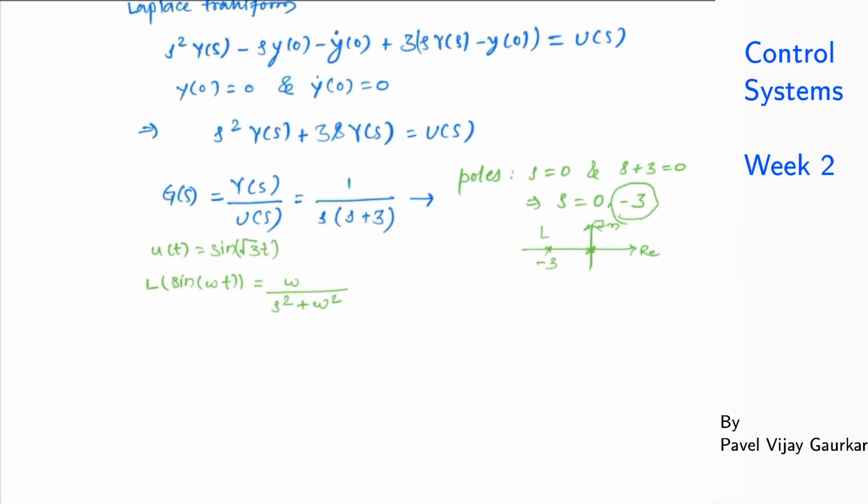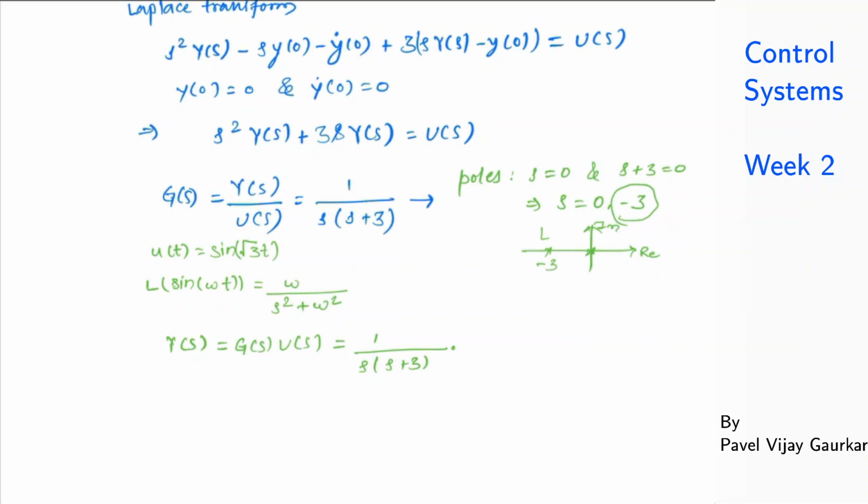So Y of s would be G of s into U of s, which in our case is 1 over s in bracket s plus 3 as the transfer function, multiplied by omega, which is root 3. So we have root 3 divided by s square plus root 3 square, which is 3.